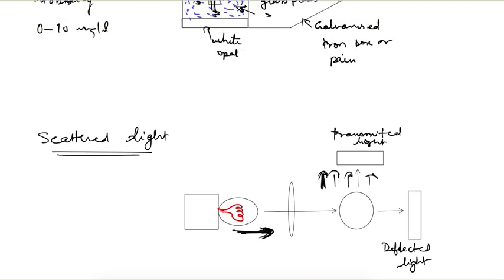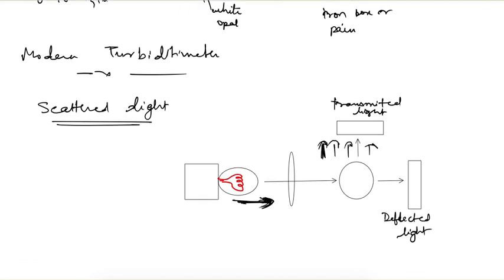So these are the modern turbidity meters. They work on this kind of principle. These turbidity meters are called nephelometers, and we measure the turbidity in NTU, that is nephelometric turbidity units.